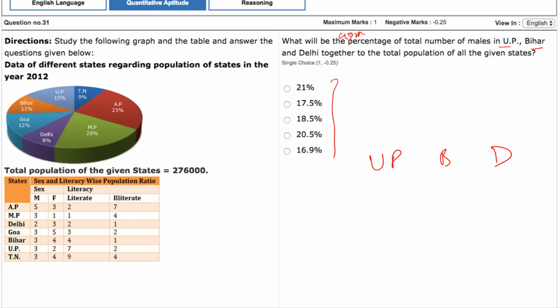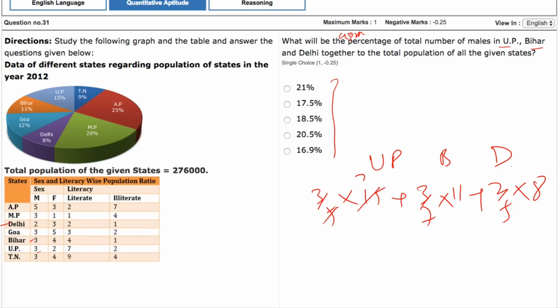Males in UP will be 3 by 5 of UP, which is 15%, plus Bihar, which is 3 by 7, and Bihar is 11, plus Delhi is 2 by 5, and Delhi is 8%, right? No problem here. This is 9%, easy to calculate. 16 by 3, this is 3.2, no problem here.